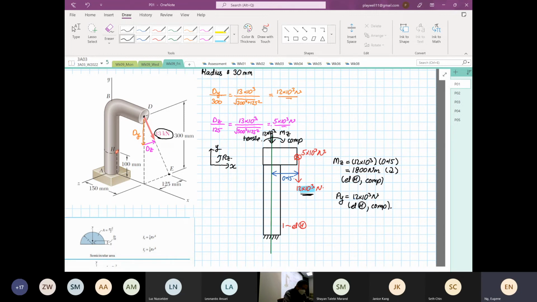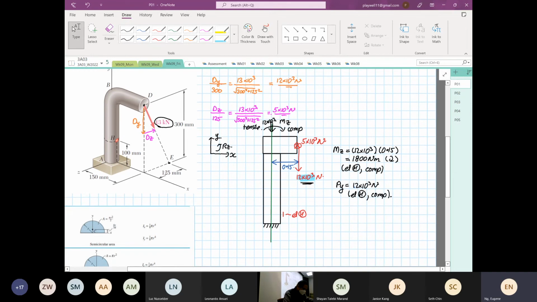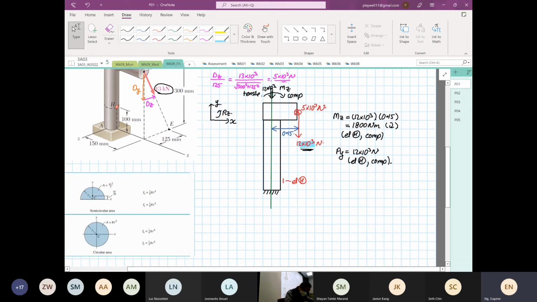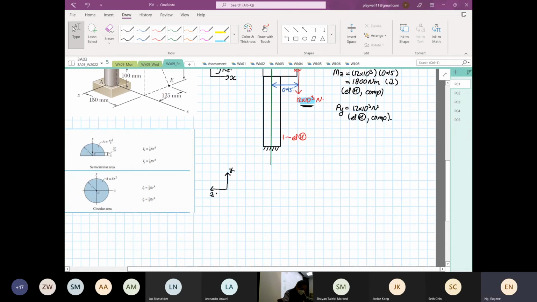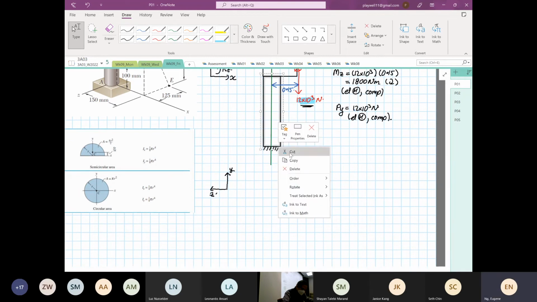We're going to view from a different view now. We're going to view from the YZ plane. If I draw this on a YZ plane, it will look like this.